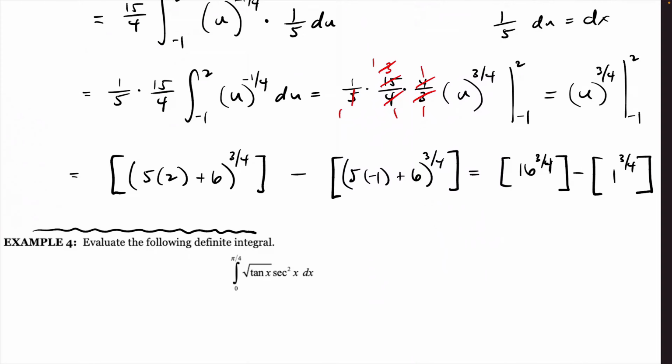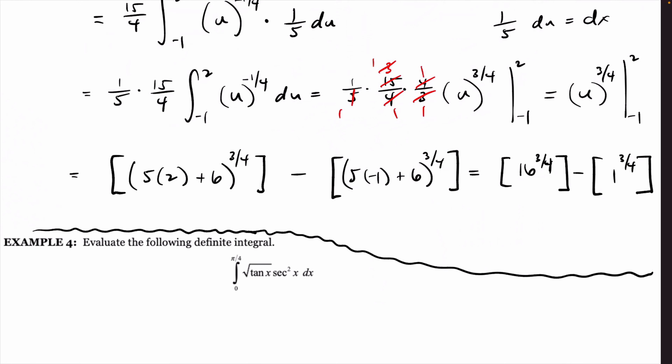Okay. 3/4 power is not that bad. It's cubed, and then find the 4th root, or opposite. Which is easier to find? Because you don't have a calculator, right? Which is easier to do? Cube 16, 16 times 16 times 16, or figure out what number multiplied 4 times makes 16?